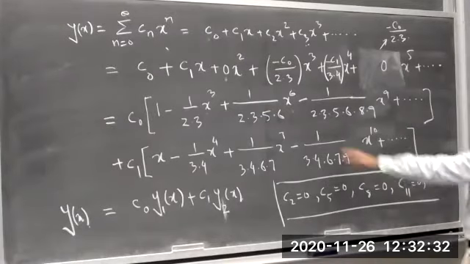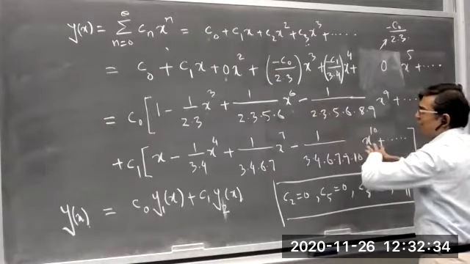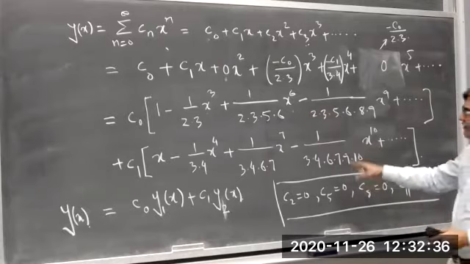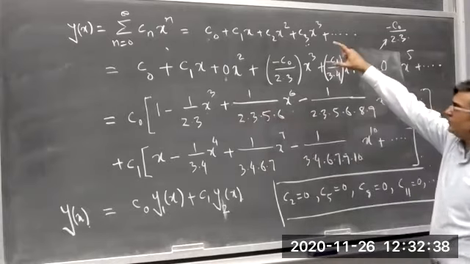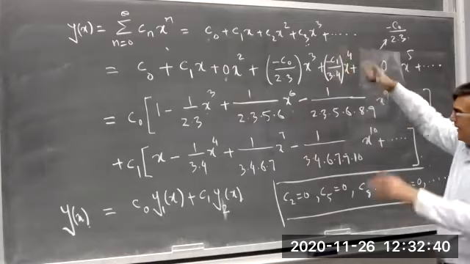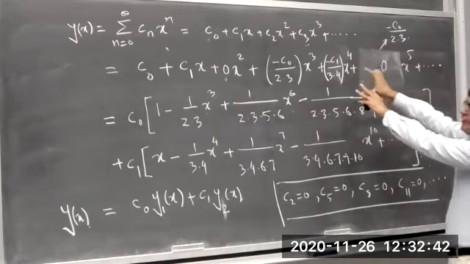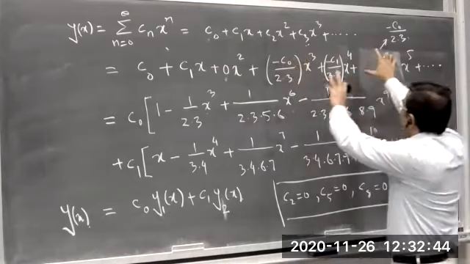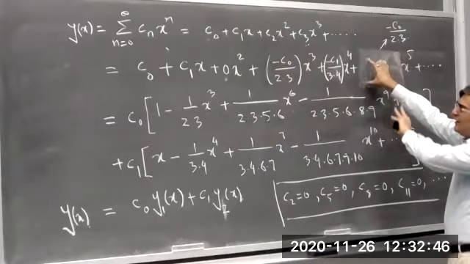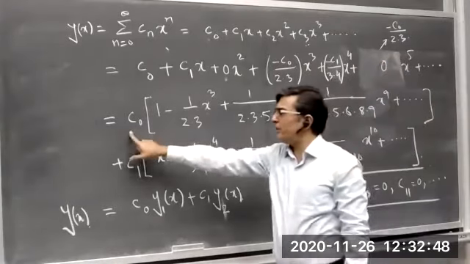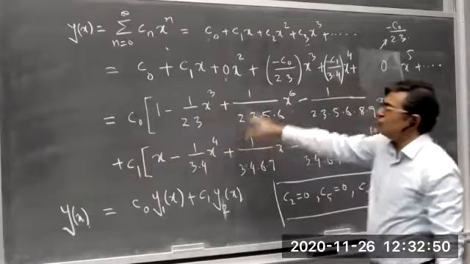The coefficients of x5, x8, x11 are 0, so these powers of x are eliminated from the original series. Some of the terms will involve C0 and some will involve C1. After taking C0 common and C1 common, we obtain two series.